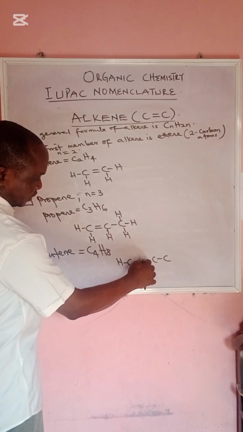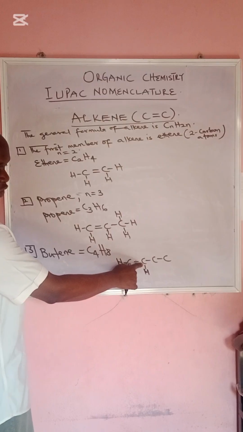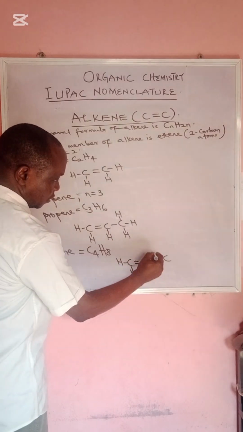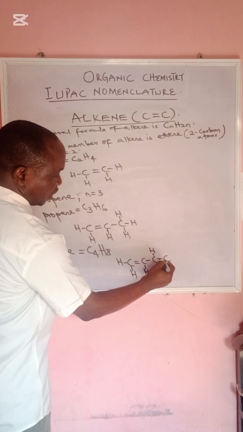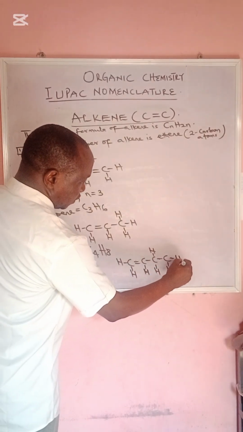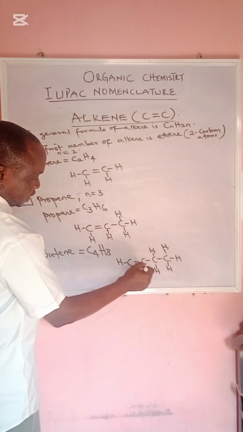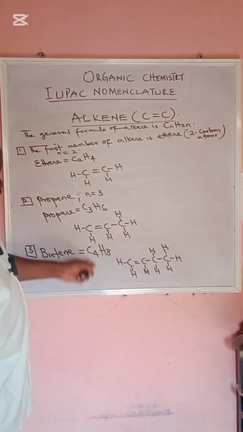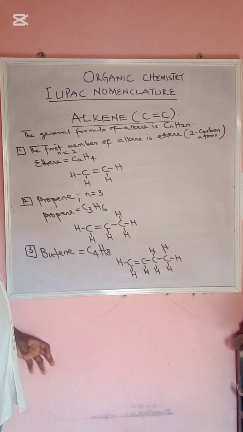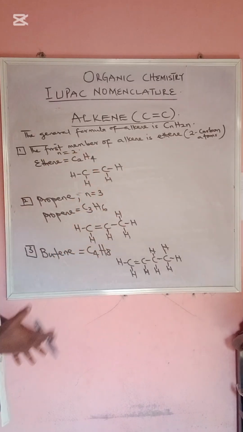You cannot add extra hydrogen to this carbon again. So for this carbon, 1, 2, 3, 4. Complete. 1, 2, 3, 4. When you count, 1, 2, 3, 4, 5, 6, 7, 8. This is the structure of butane. All these are called normal butane or straight chain alkane. They are arranged in straight form.